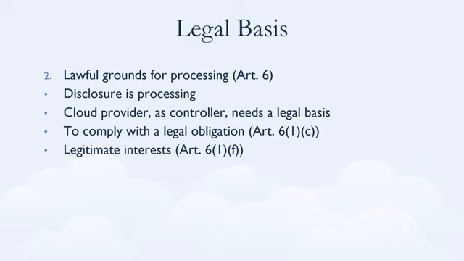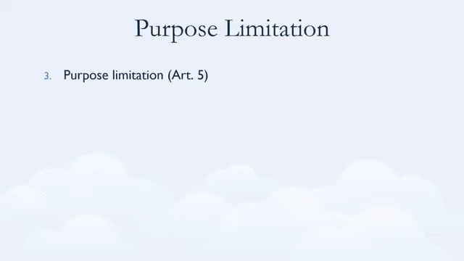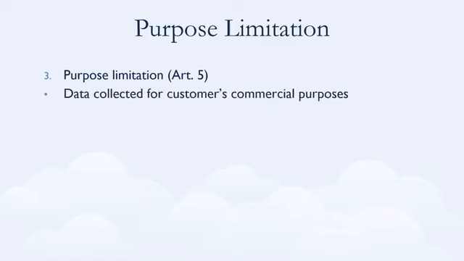And if the provider cannot rely on 6.1c or 6.1f, then it's unclear what lawful grounds it would be able to rely on at all, in which case we again see a potential breach, in this case, of the principle of lawfulness under the GDPR. And the third, final area we'll look at is the question of purpose limitation. So here the issue is that these data were initially collected by the customer for the customer's own commercial purposes.